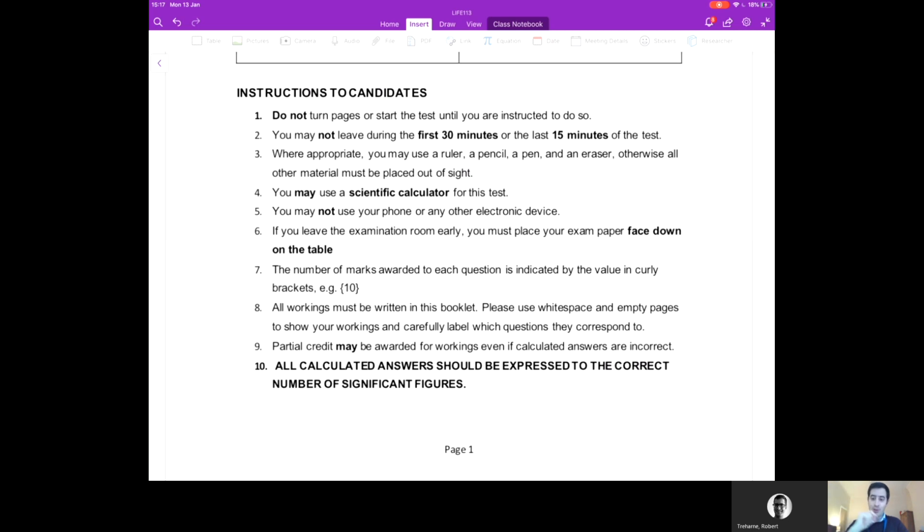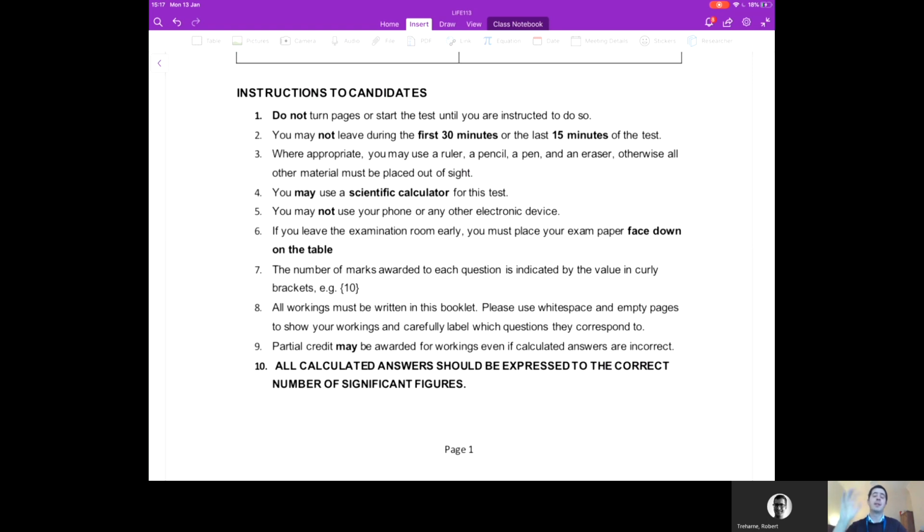A proportion of all of your marks is going to be attributed to whether or not you can state your answer to the correct number of significant figures. I know you hate me, but it's important. So do it. Typically it's going to be about 2 marks per question for significant figures, okay?